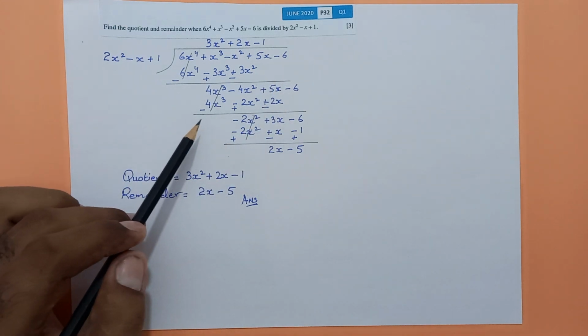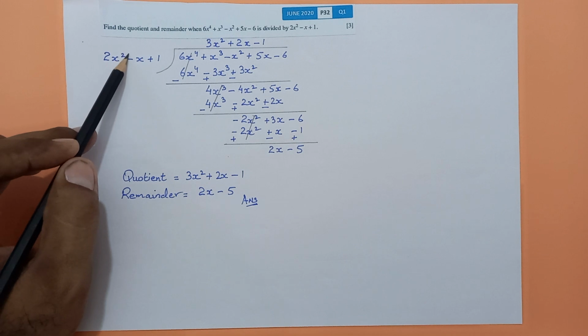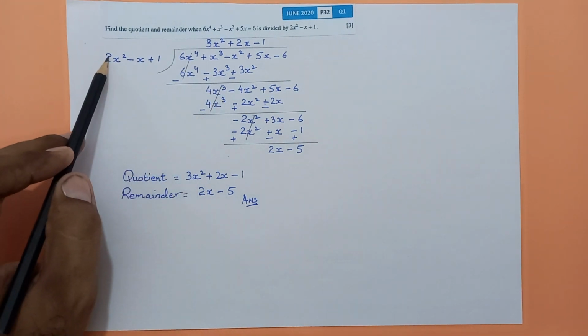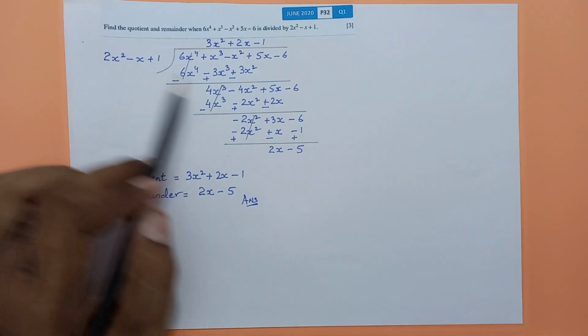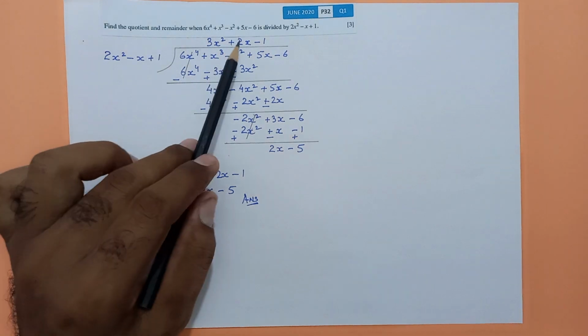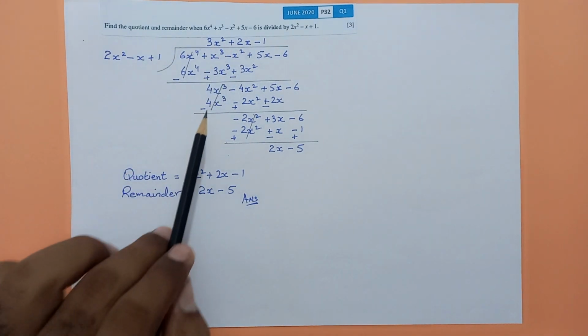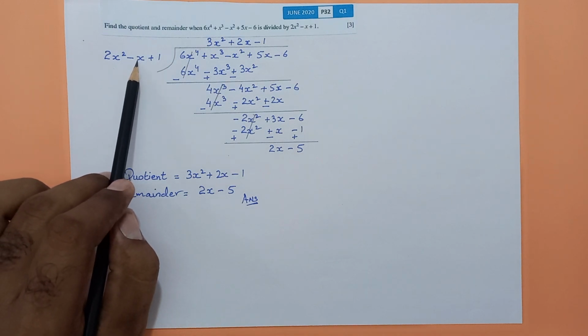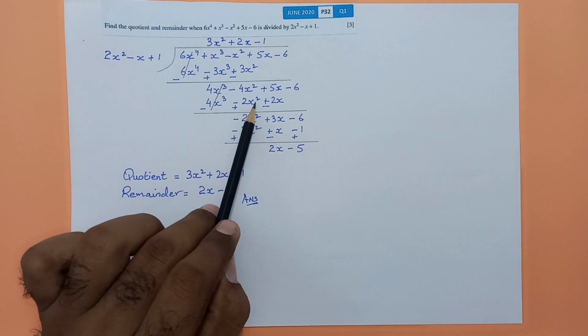The same process goes on. Multiplying 2x^2 with what to get 4x^3? Multiplying 2 with 2 to get 4, and x^2 with x to get x^3. That means multiplying 2x^2 with 2x to get 4x^3. Again, this 2x multiplied by negative x would be negative 2x^2.